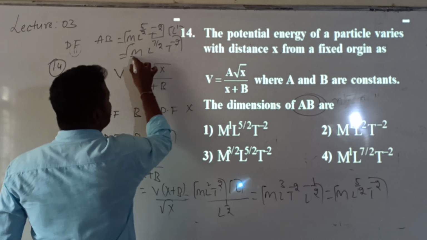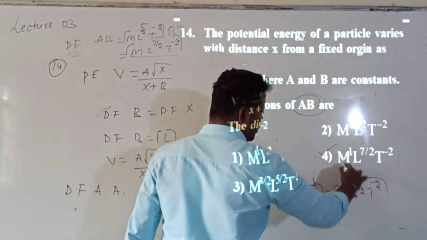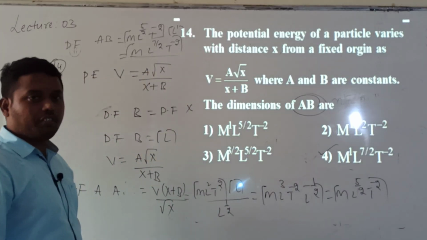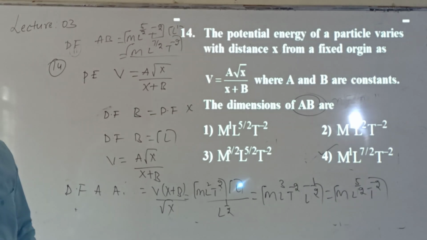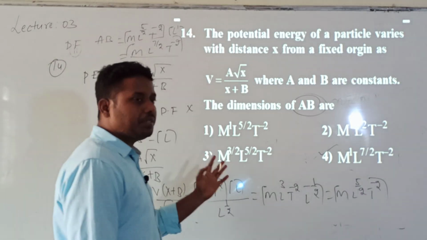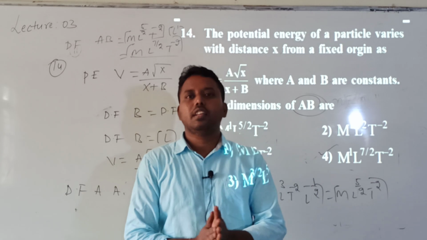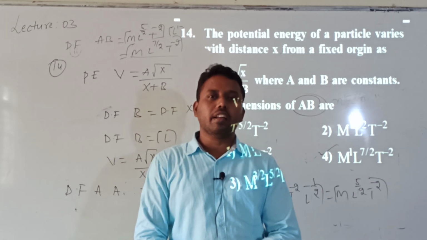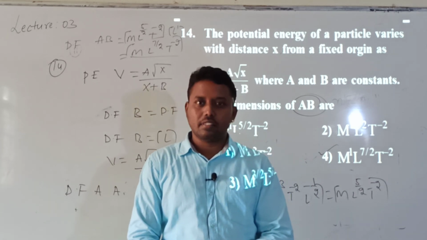Okay? So which option? Fourth option, that is the dimensional formula. Clear? So this is regarding the dimensions questions. The remaining, next class we will discuss the measurement of errors. Okay, thank you.